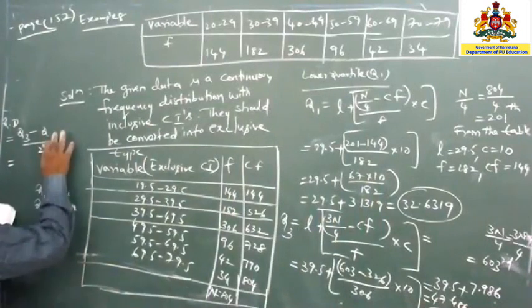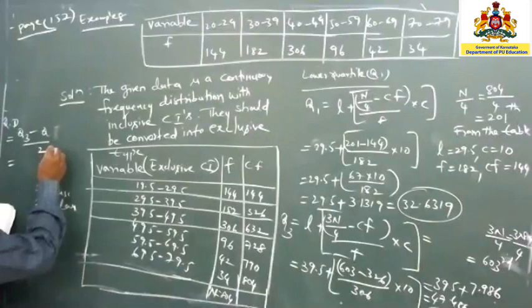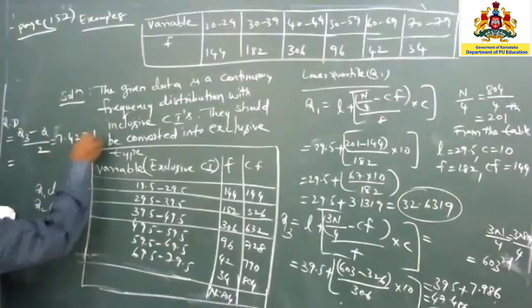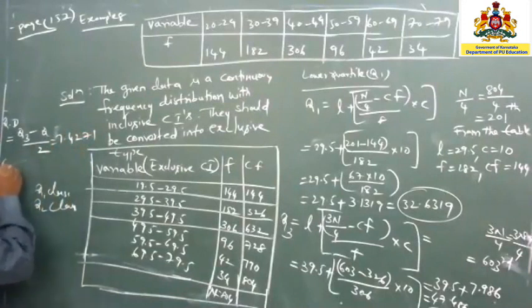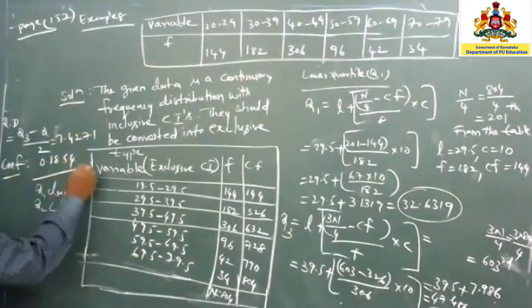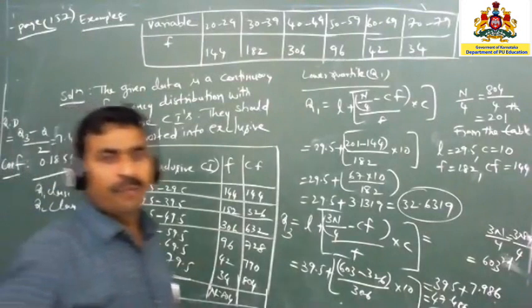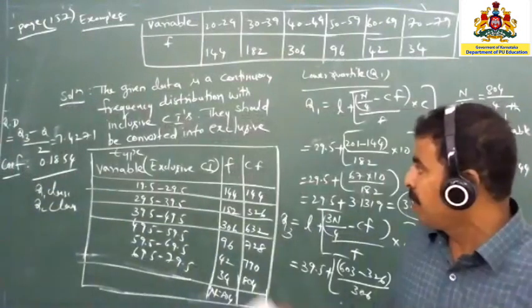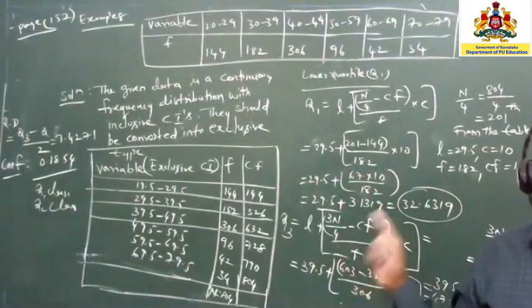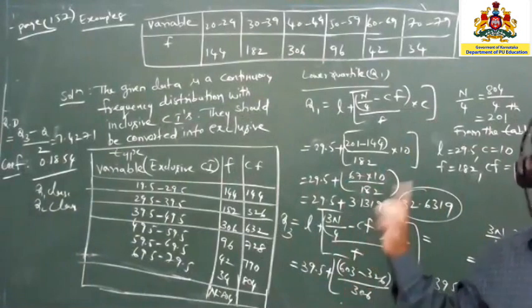Answer will be, by substitution, 7.4271. Then the coefficient, by substitution you check the answer, is 0.1854. So two answers I have written. If inclusive class intervals are given, they should be converted into exclusive class intervals.